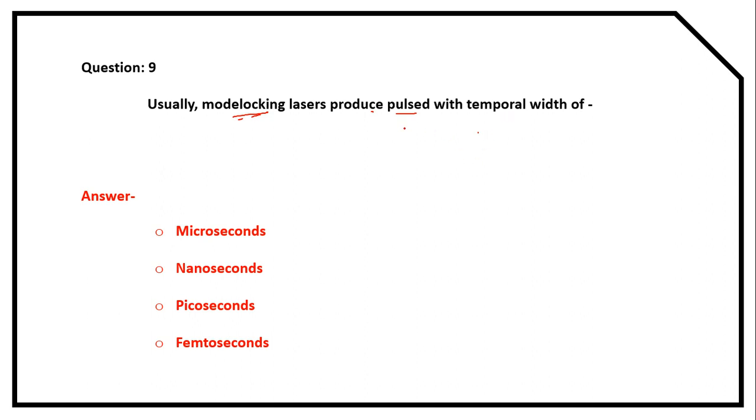With the help of mode locking, we are able to get something like this: the output which we get has quite high intensity, and second, it is shorter.